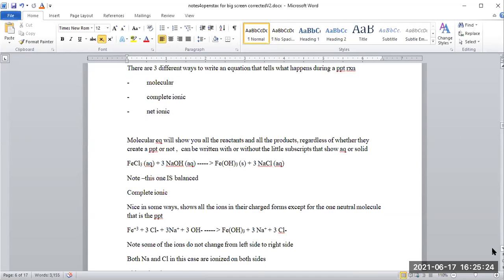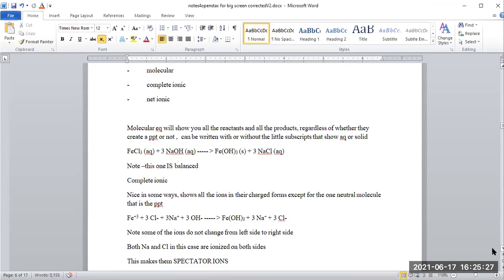So the middle one, the second of the 3, is known as the complete ionic. It's longer to write out, but it does have some nice features. One of the things it does is it shows you everything that is ionized, and it shows you what those charges are. The only exception is the one that didn't fall apart. So the Fe(OH)3, that's your solid, is the one that stays stuck together.